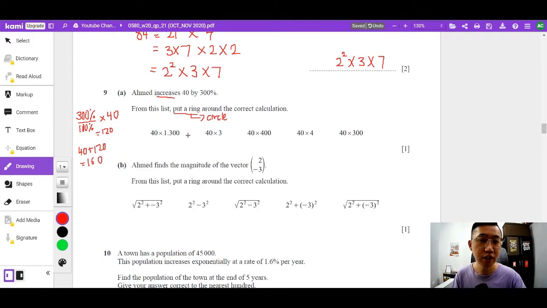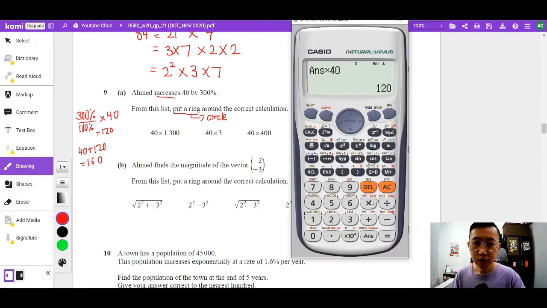So from here, right, you need to find out your calculation right here. Which one will give you 160? So let's do one at a time. 40 times 1.3. Okay, what's this?